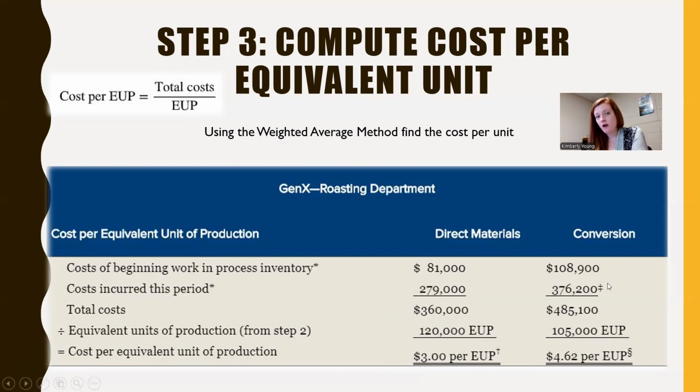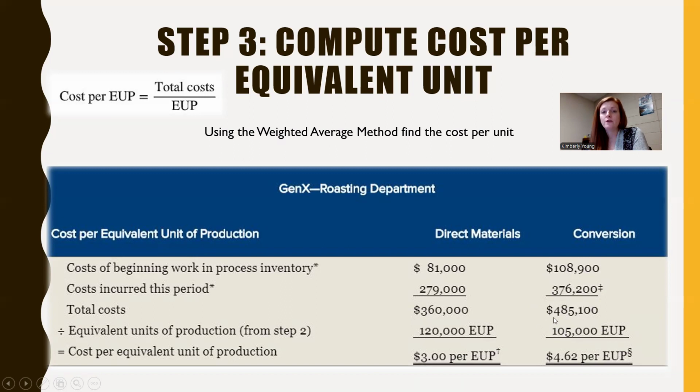Then for conversion costs, which include what 2 things? Indirect cost, which is factory overhead, and direct labor. We said that we started the month of April with $108,900. We added another $376,200. So total cost for conversion was $485,100.